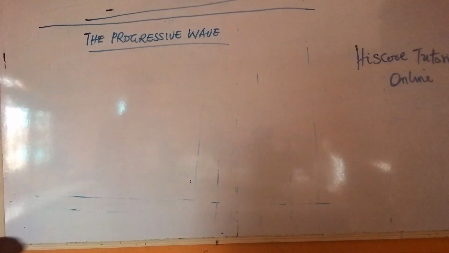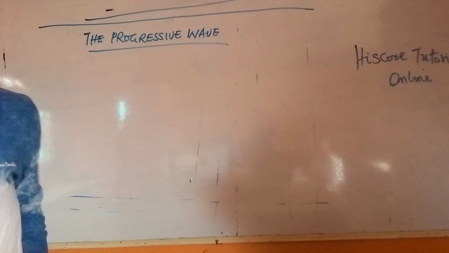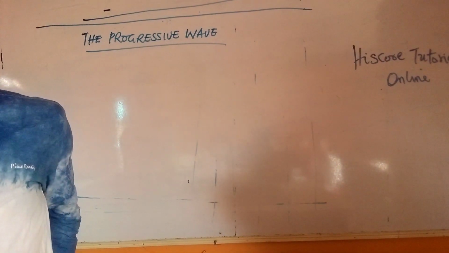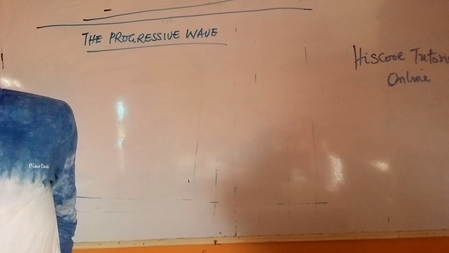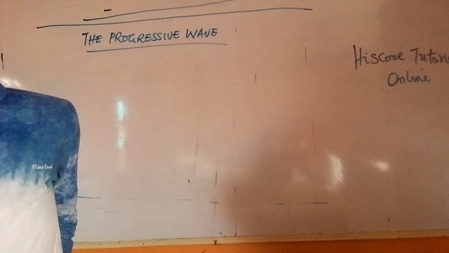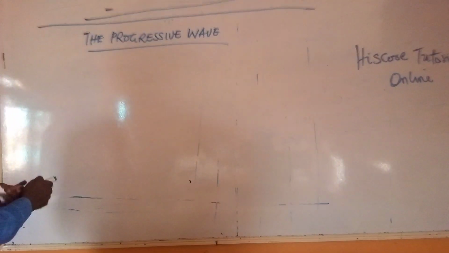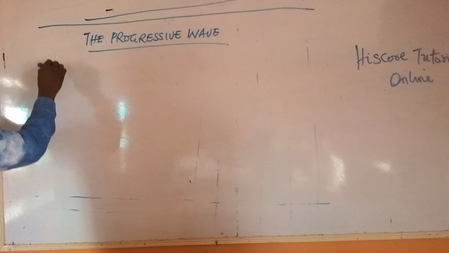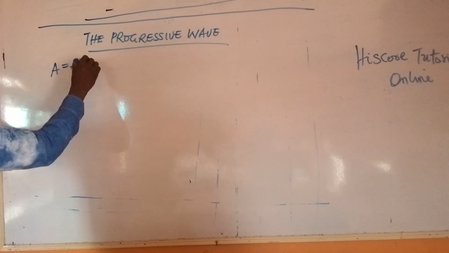Okay, looking at progressive wave. A progressive wave is any wave, whether it is transverse or longitudinal, that spreads out from a point. And in general, in a progressive wave, we have, as usual, A, which is the amplitude.